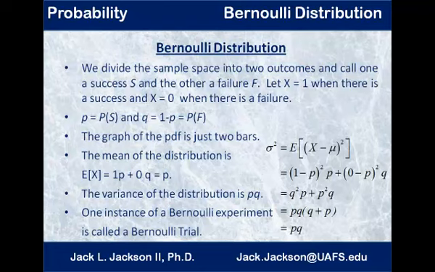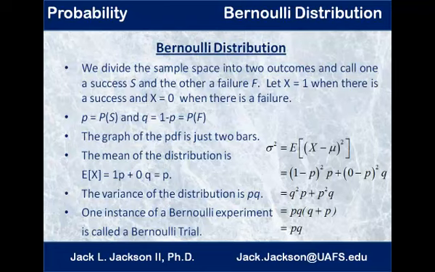The first one we're going to look at is 1 as a random variable, and the probability of 1 is P, plus the other random variable value is 0, and the probability that you get a 0 is Q. So 1 times P plus 0 times Q reduces to just P, so the expected value or mean of this distribution is P. So if you were to do this a lot of times, on average, the average value of the random variable would be P. The variance turns out to be P times Q.